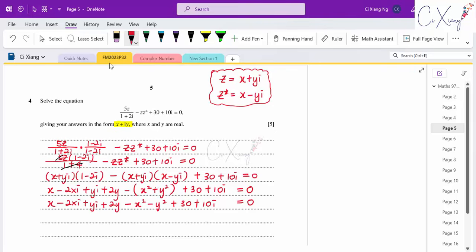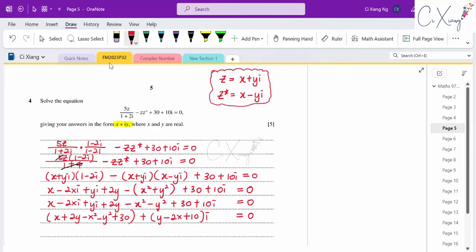Rewriting it: x plus 2y, then minus x squared, minus y squared, plus 30. This is all my real part without the i. And for the terms with i, I have negative 2xi plus yi and also the 10i here.